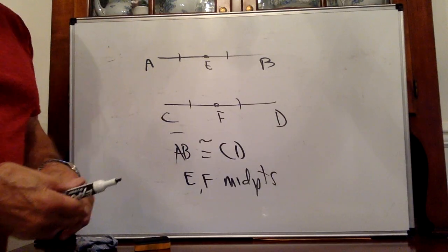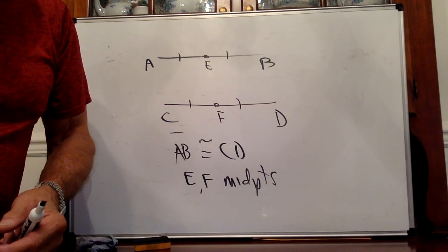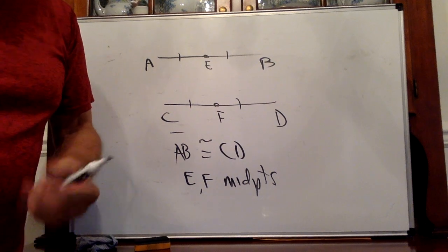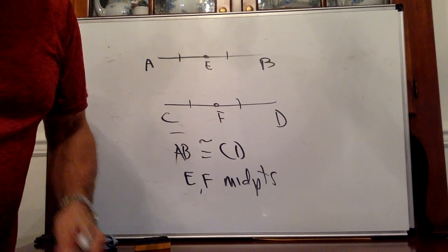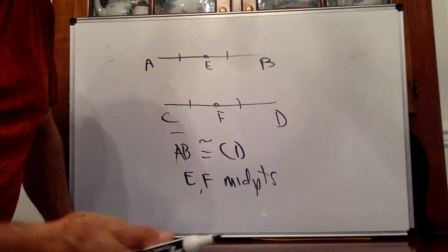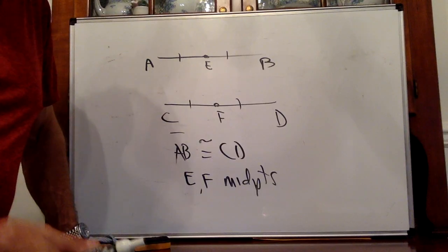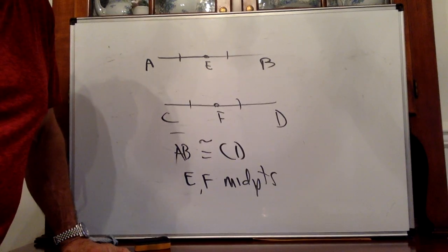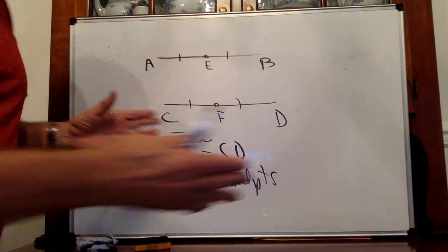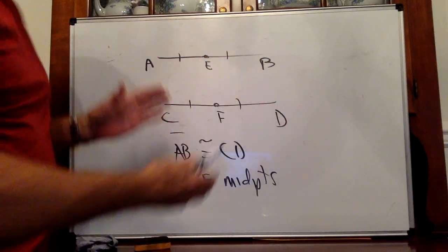So all 4 of those axioms we talked about, addition, subtraction, multiplication, and division, are true with respect to angles and line segments. You can always add line segments together. You can always subtract line segments from one another. Same with angles. And in terms of multiplication and division, when you start with big things, you can split them in half, and then if wholes are equal, halves are equal.